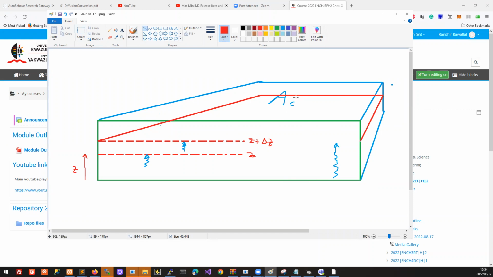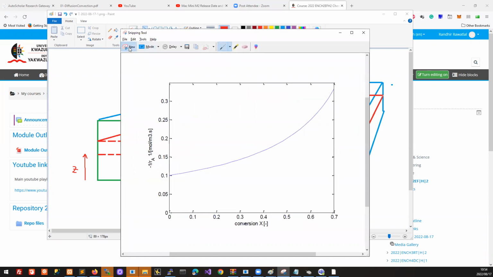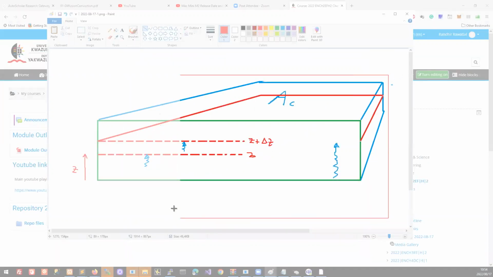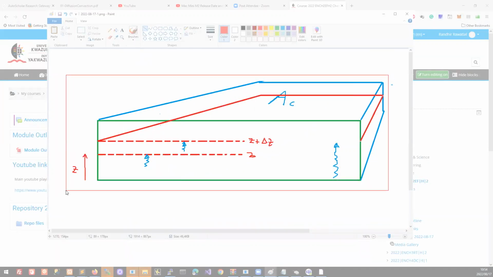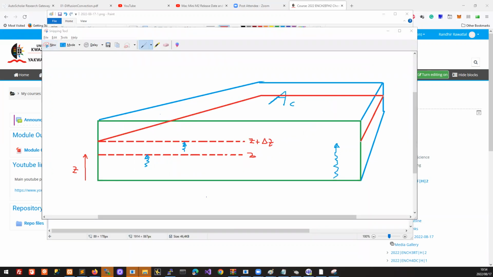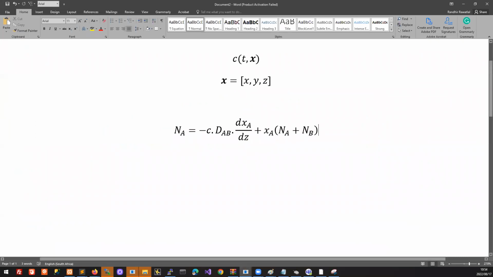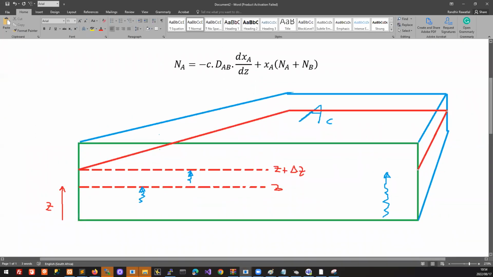So let's copy this. I think it's best to do it this way. So there's our sketch. It's very important when you start this development to produce your sketch in such a way that it's clear what your control volume is. So our control volume is the space between Z and Z plus delta Z with a cross-sectional or surface area of AC.